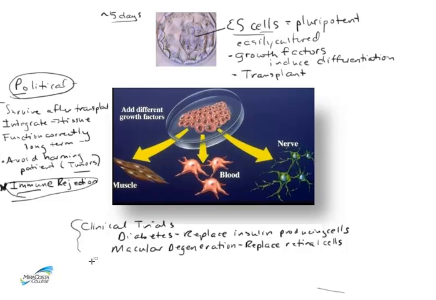So we've gotten to the point where we can, with some level of efficiency, replace worn out cells or dead cells with the same cell type, right, derived from embryonic stem cells.